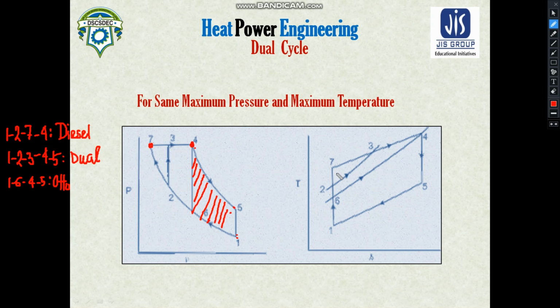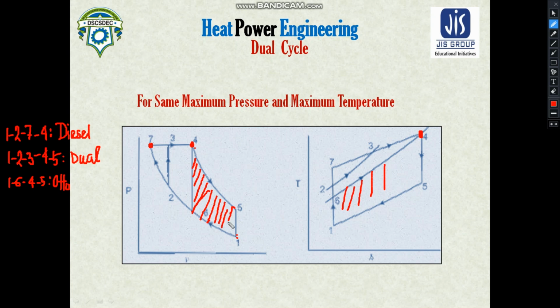Comparing from the point of view of temperature, in this TS diagram, the maximum temperature is T4, and for all these three cycles the maximum temperature is fixed and the same.